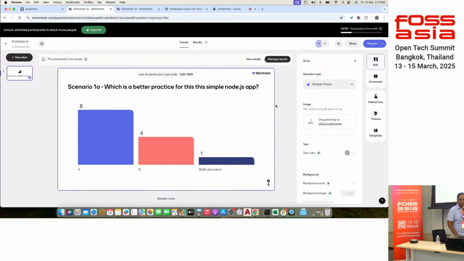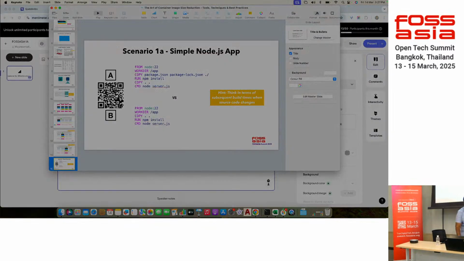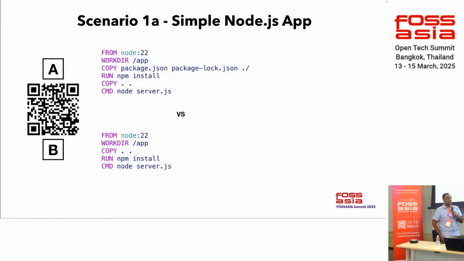Okay, whoever's voted, anyone wants to say why it's A or B? Dependencies after installation. Then on the second one, you're just copying the app.